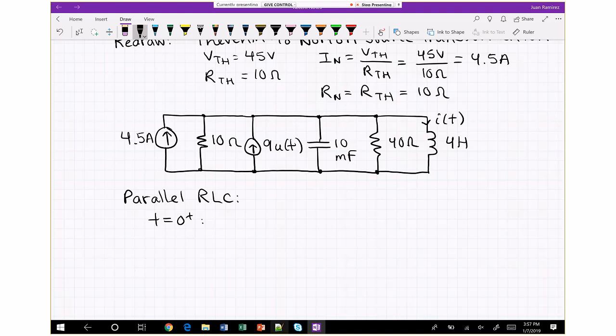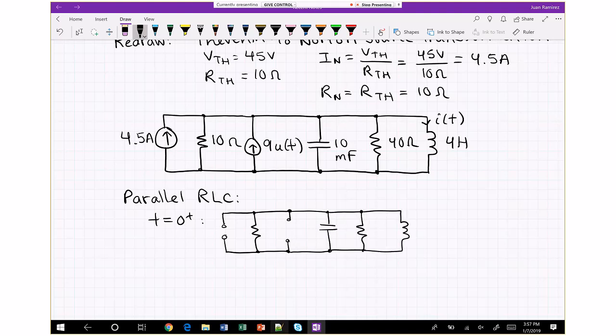When you do that, you make the current source an open circuit, and I'll just kind of draw it to make it clear. I still draw the capacitors, but we kind of disregard those. Okay, and you have 10 ohms and you have 40 ohms. Those are the only two resistances.